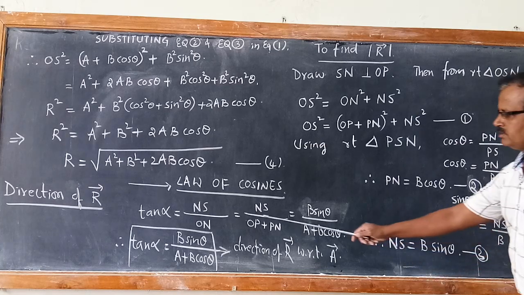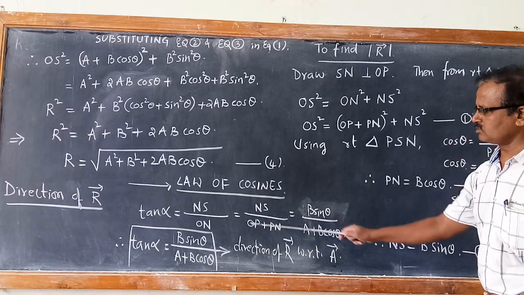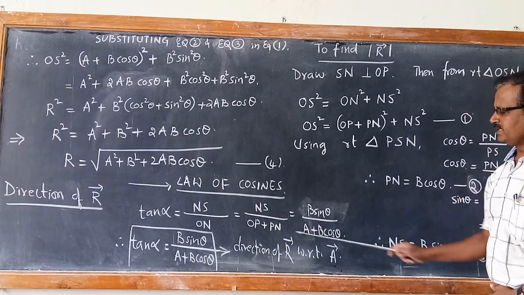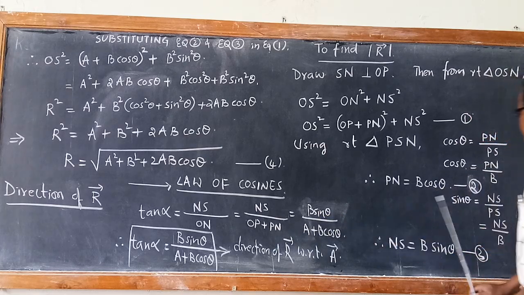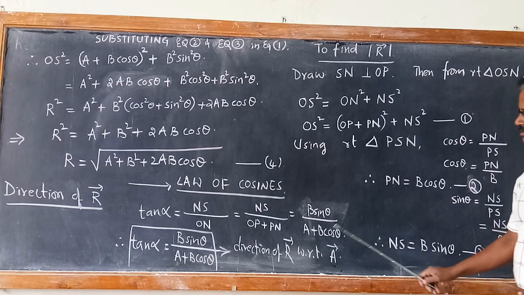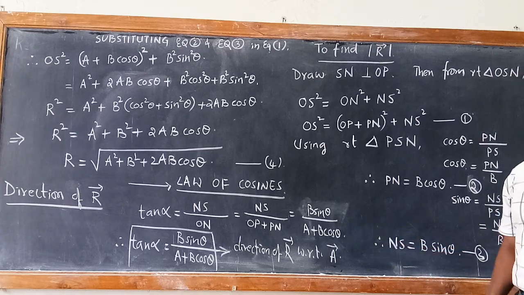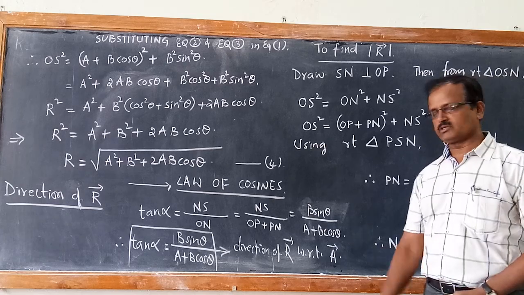NS is equal to B sin theta, and ON, as we know earlier, is equal to OP plus PN. In this, OP is A, and PN we have found out to be B cos theta. Thus we get in the numerator B sin theta, in the denominator A plus B cos theta.